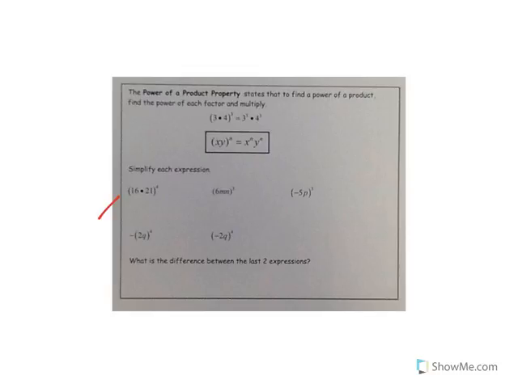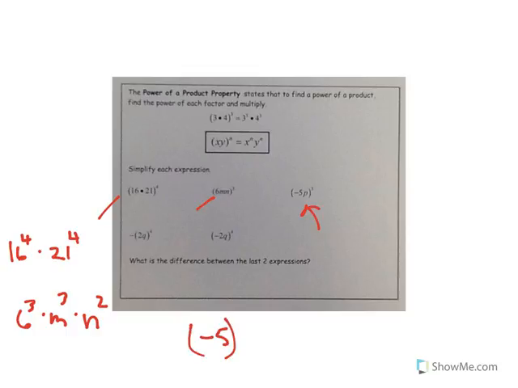You can distribute that exponent to both separately. So for here, it's just going to be 16 to the 4th times 21 to the 4th. For here, it's going to be 6 to the 3rd times m to the 3rd times n to the 3rd. And then you multiply these out. For here, it's going to be -5.